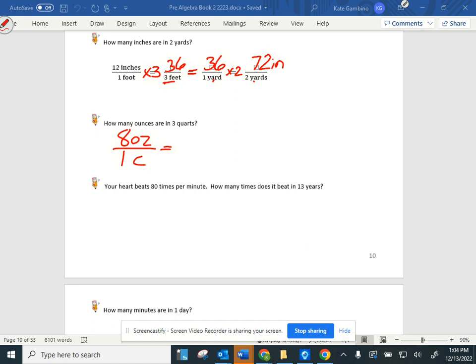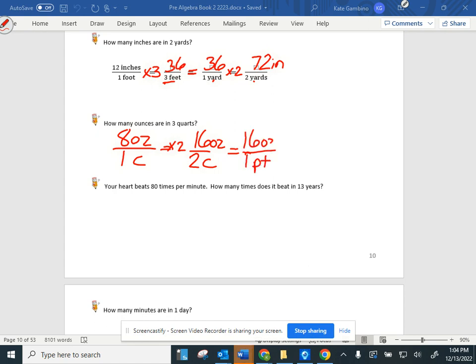Look up at our table. 8 ounces equals 1 cup. So now I want to go to 2 cups equals 1 pint. Times 2. So I'm going to times 2, because I want to have my 2 cups down there. Now I can say 2 cups equals what? 1 pint.